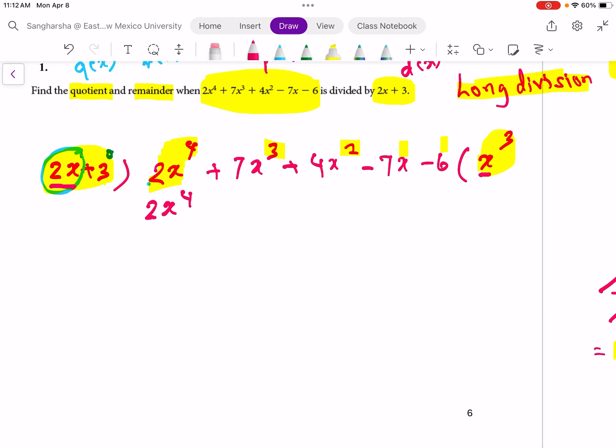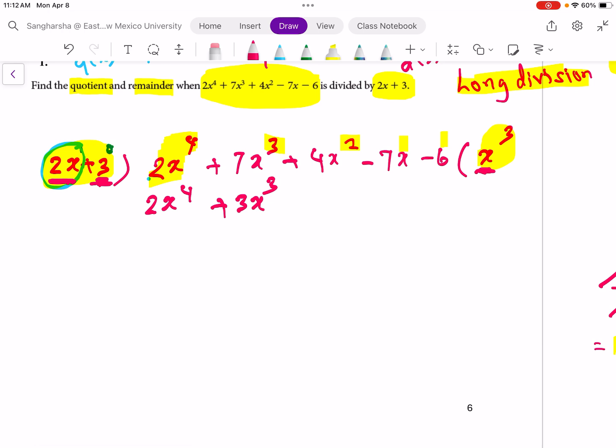X cubed times positive 3 is positive 3x cubed. Once you have the first term of the quotient, you use it to multiply every term of the divisor and write it in the second row.